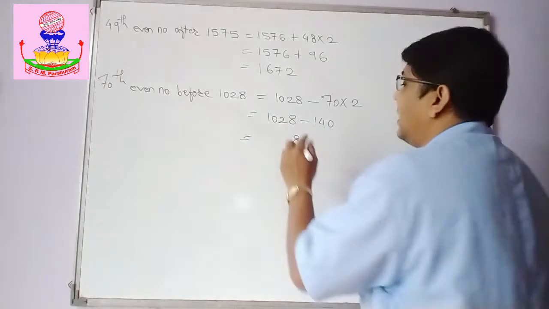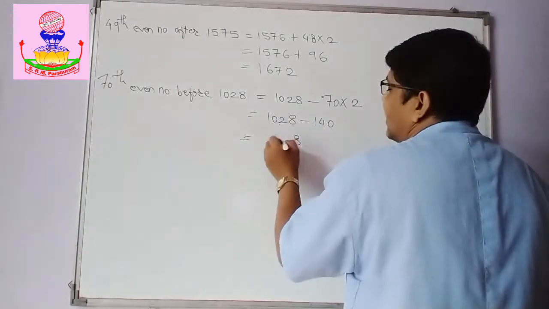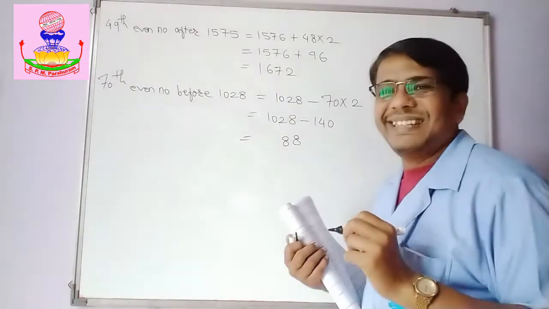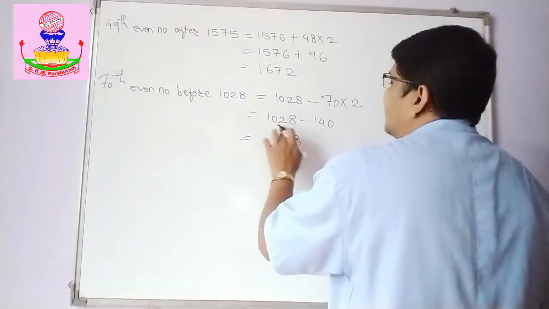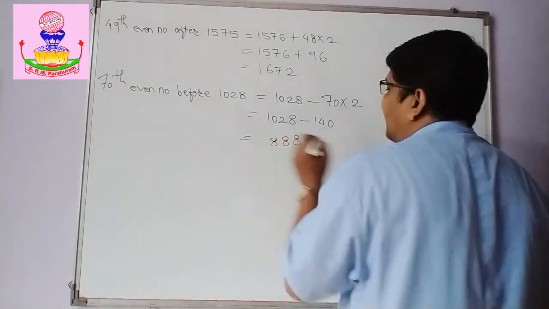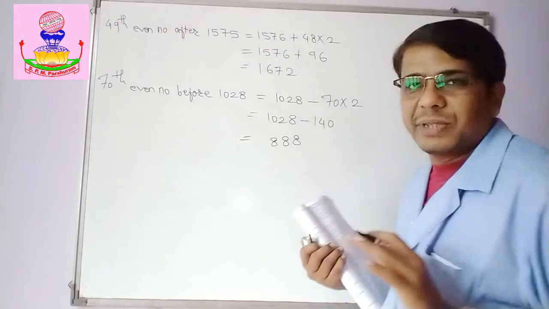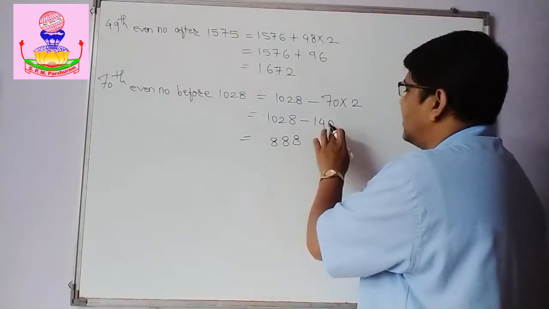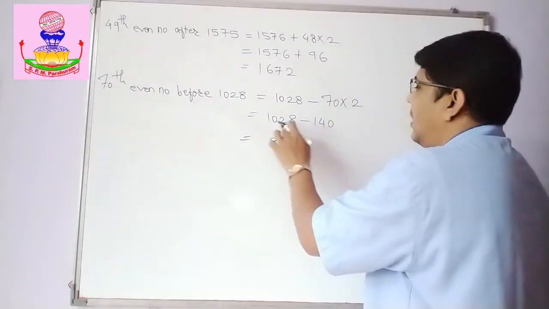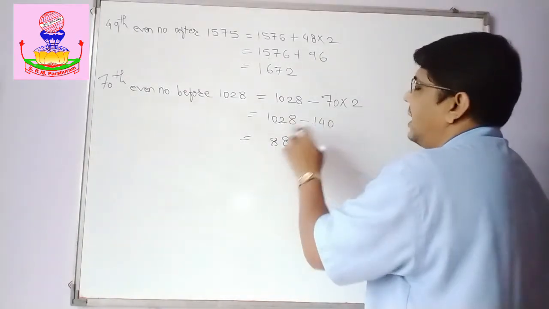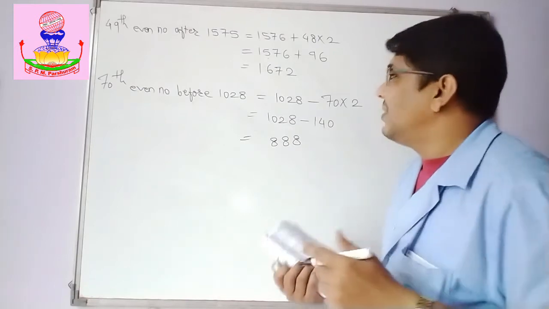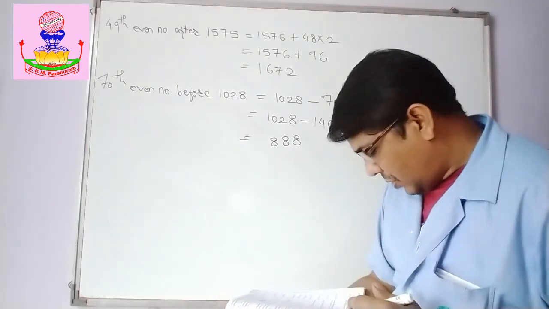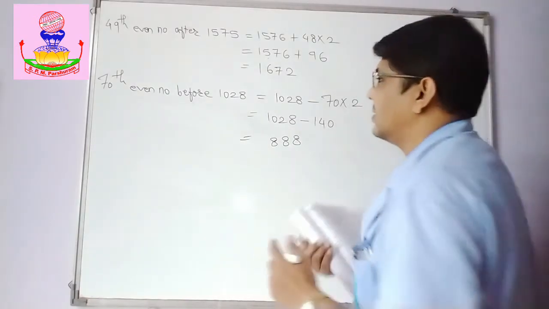So 8 minus 0, 8. 2 minus 4, not possible. So 12 minus 4, 8. Right? Then this becomes 9. 9 minus 1, 8. And that one becomes 0. Okay. So 888. You can check it. 8 plus 0, 8. 8 plus 4, 12. 1 carry on. 8 plus 1, 9, plus 1, 10. Okay. Now what do they say?